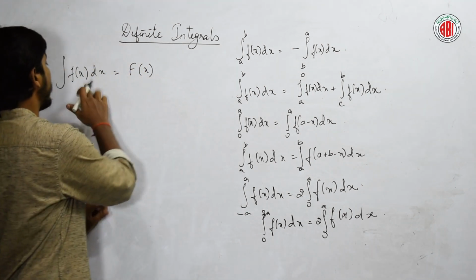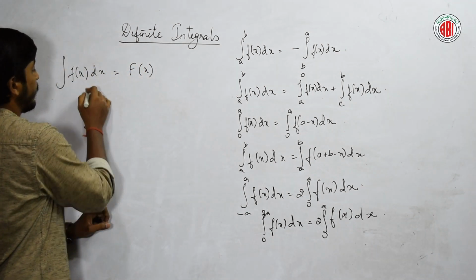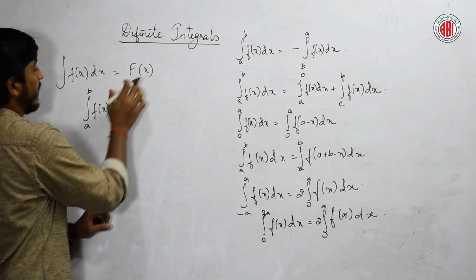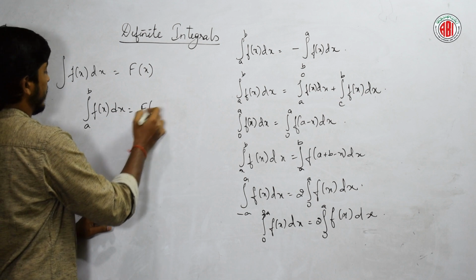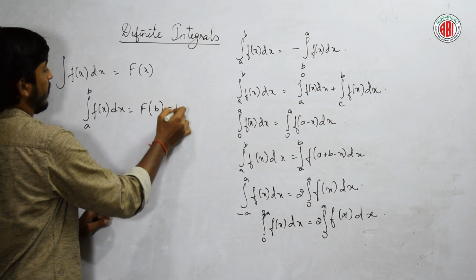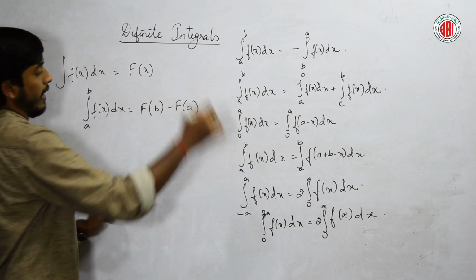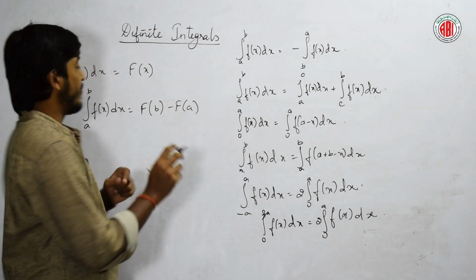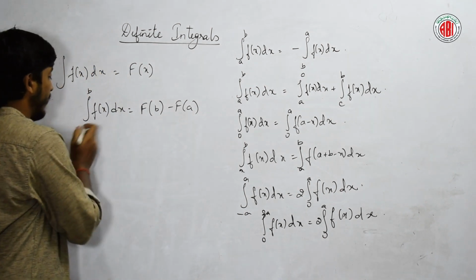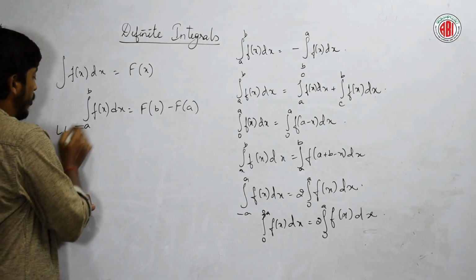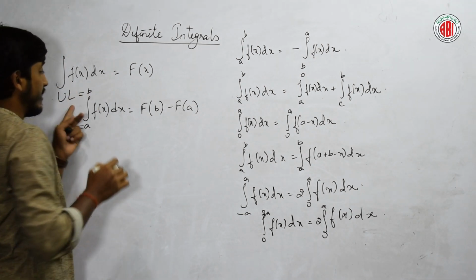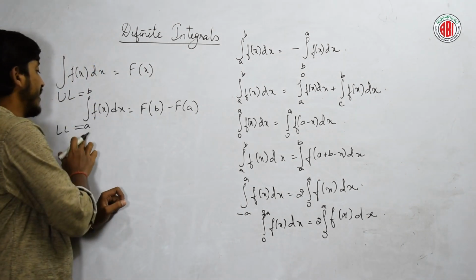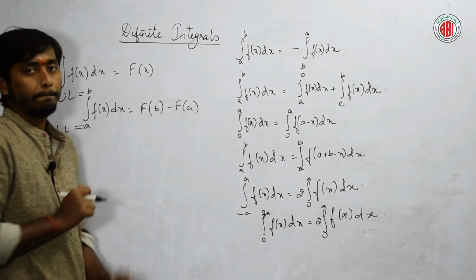Let us say f of x is between small a and b, then my integration is given as F of b minus F of a. What does it mean? It tells that first we have to integrate this, then we have to substitute the lower limit and upper limit. These are called lower and upper limits, and we always say that this function is going from a to b.